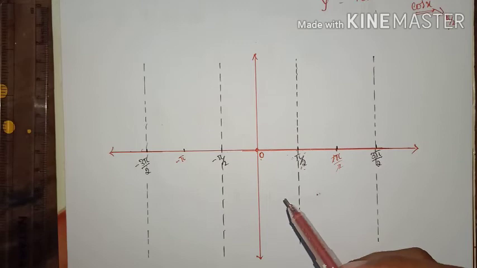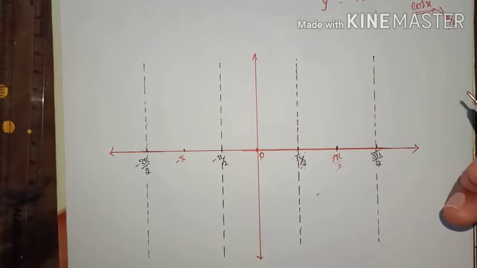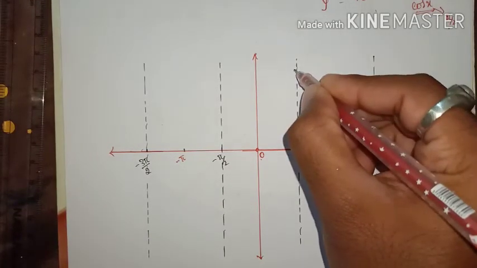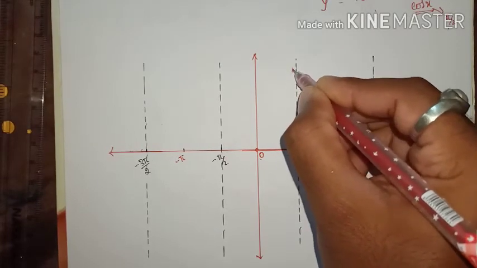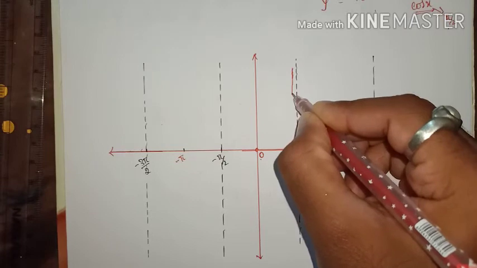Okay, so let us see the asymptotes. While you are drawing that, you come to the right side, and here asymptotes will start. So you can draw.